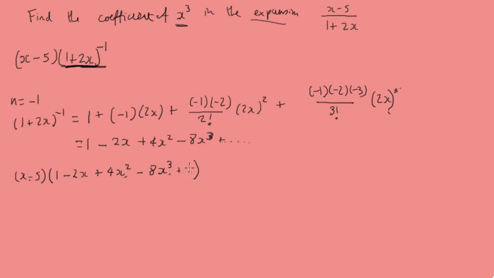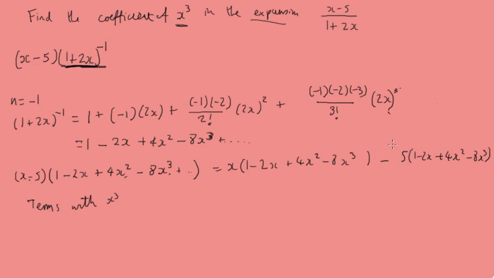Now, we only really need to think about the terms with x cubed. Now we can redo this with x times 1 minus 2x plus 4x squared minus 8x cubed, minus 5 times 1 minus 2x plus 4x squared minus 8x cubed.